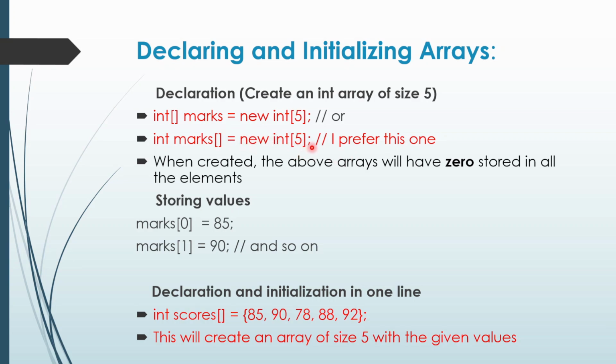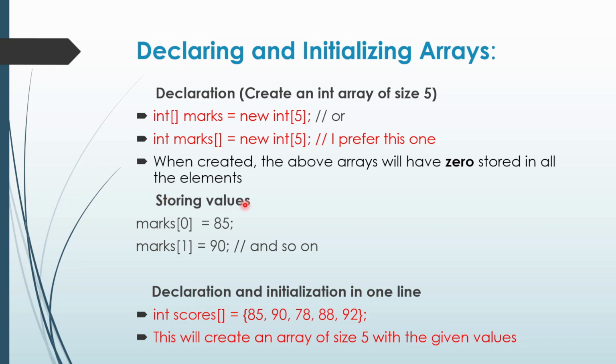This remains the same as the previous one. Now an array called marks will be created, which can store 5 int values. And when it is created, the array will have 0 stored in all the elements. That means the first element, marks[0], will contain a 0, marks[1] will contain a 0, and so on and so forth.